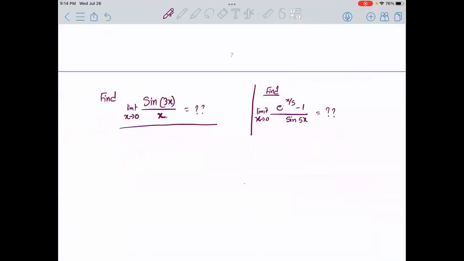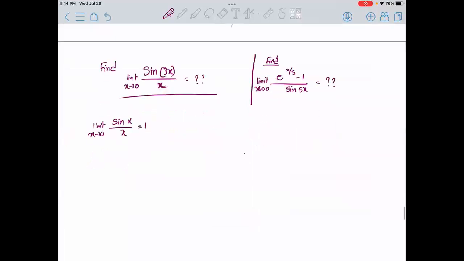I'm solving this. Look, we know limit x tends to 0 of sin x by x equals 1. Here, if you replace x with 3x, and the denominator is also 3x, with x tending to 0, it will be equal to 1.